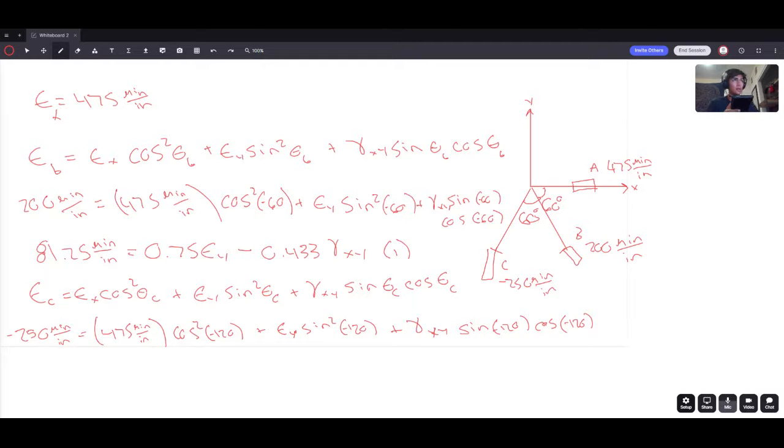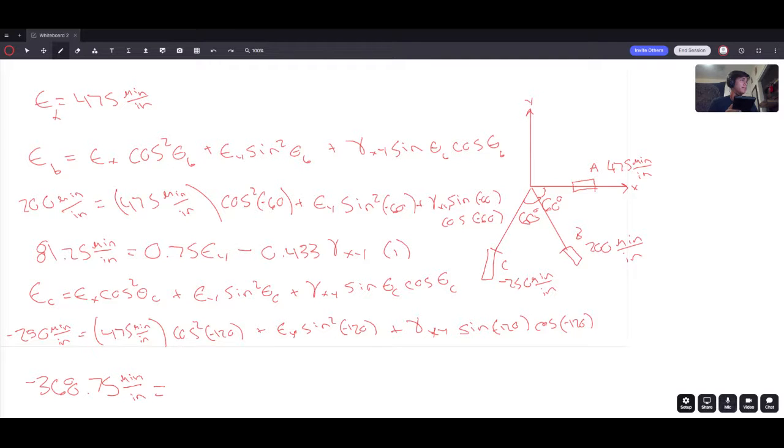So on the left side, negative 368.75 microinch per inch equals sine squared of negative 120. Well, we can see that the sine and cosine values are going to be equal in magnitude since they're symmetrical across the y-axis.